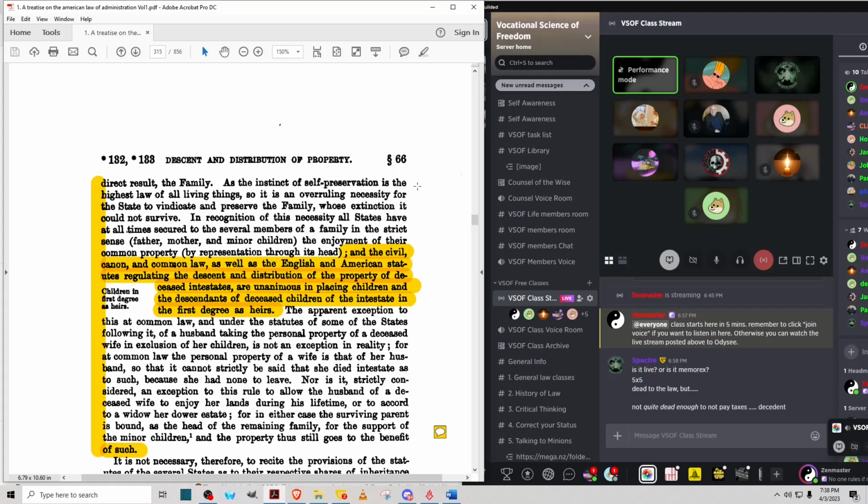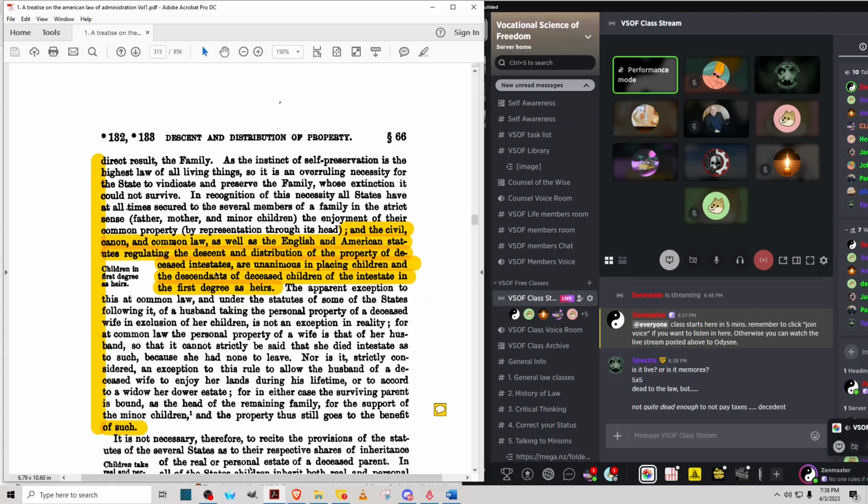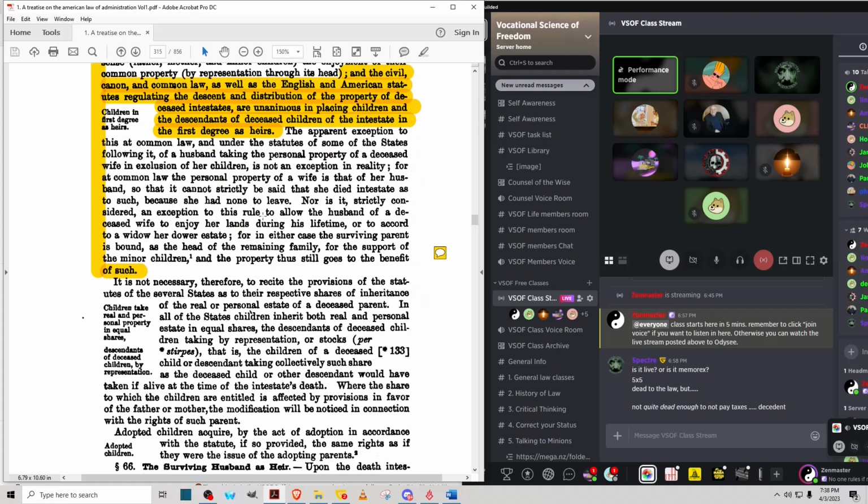Nor is it strictly considered an exception to this rule to allow the husband of a deceased wife to enjoy her lands during his lifetime, or to accord to a widow her dower estate. For in either case, the surviving parent is bound as the head of the remaining family for the support of the minor children, and the property thus still goes to the benefit of such. And this is part and parcel of the reason why we make sure that we create our own house. So all of this gets protected under that aspect.